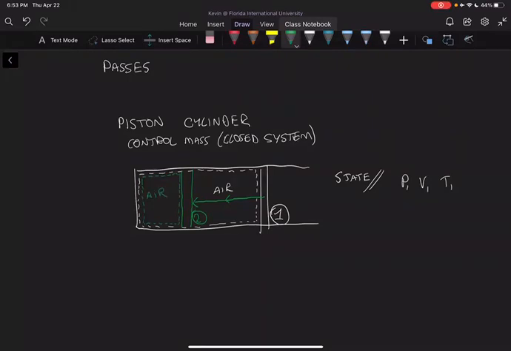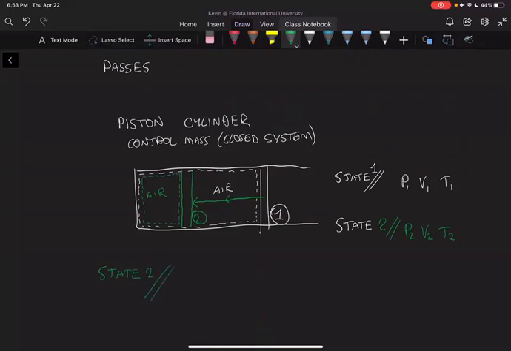And now, so this should have said state 1, sorry about that. And now state 2, so let me write it in green, state 2 is defined by pressure 2, volume 2, temperature 2. Now, let's talk about state 2 and analyze it a little bit.